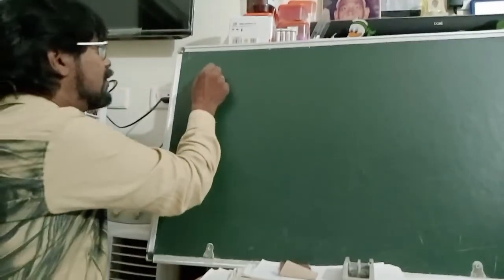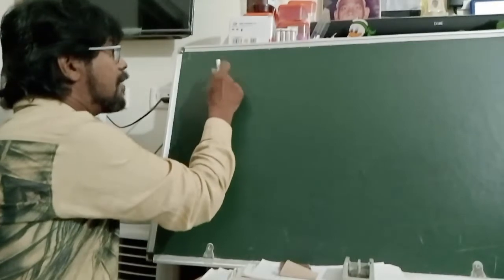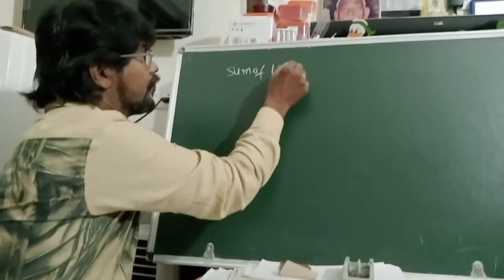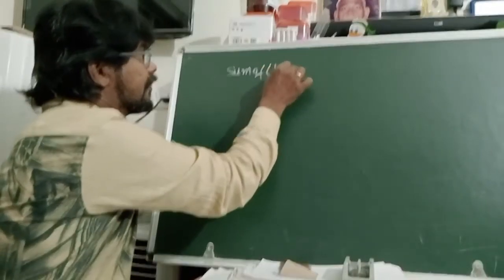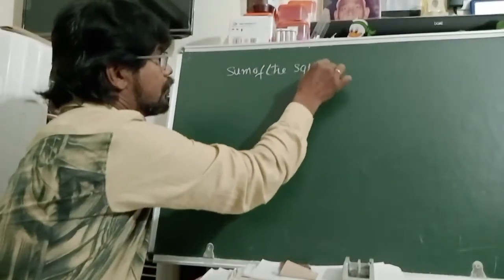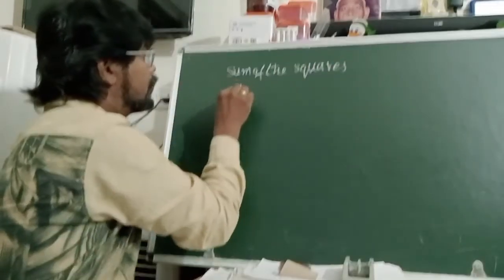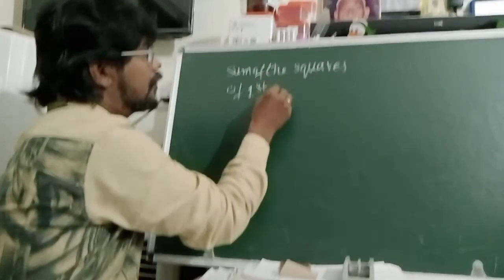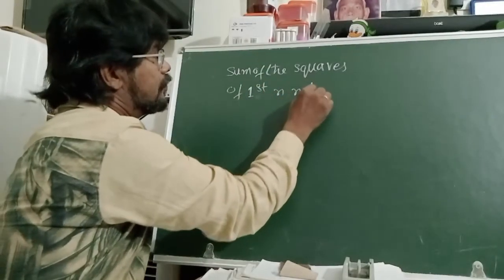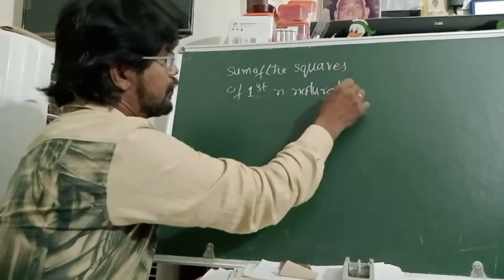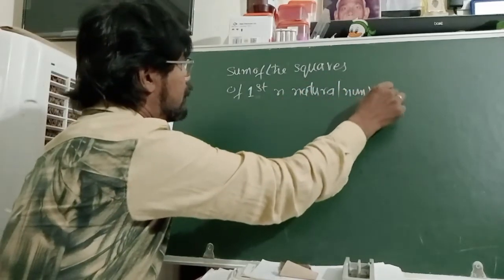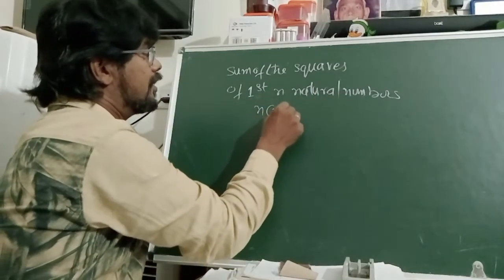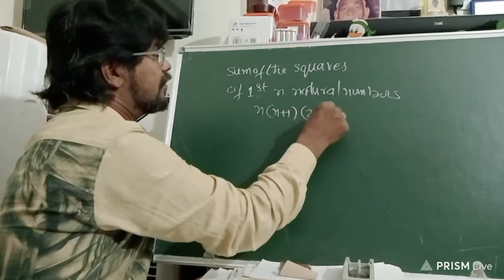Now, the sum of the squares of the first n natural numbers is n into n plus 1 into 2n plus 1 by 6.